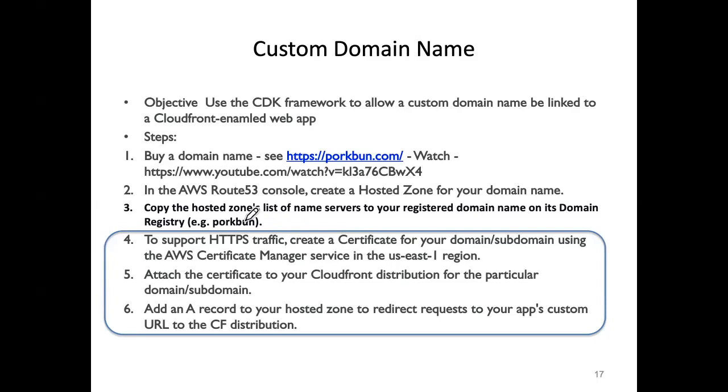But if you do it that way, then you've got to import that certificate into your CDK stack, which I've never done really. But you don't have to go that route. You can generate the certificate, even though you bought your domain name from a service other than Amazon. You can get AWS to generate the certificate for you.